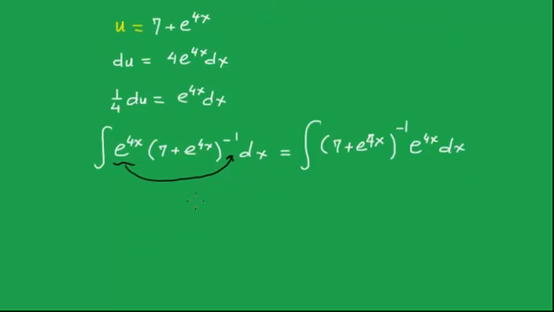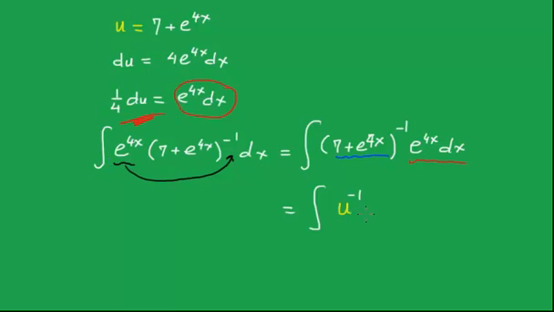And here I notice that this is u, so we get u to the power of -1 and e to the 4x dx. e to the 4x dx is equal to 1/4 du.